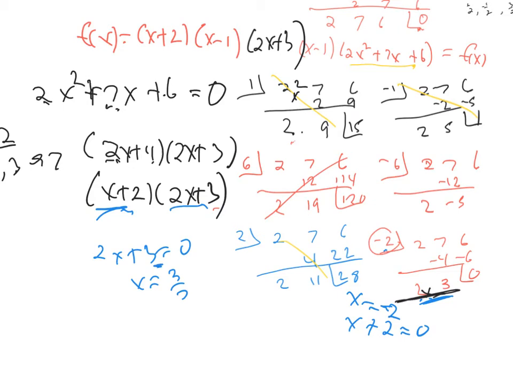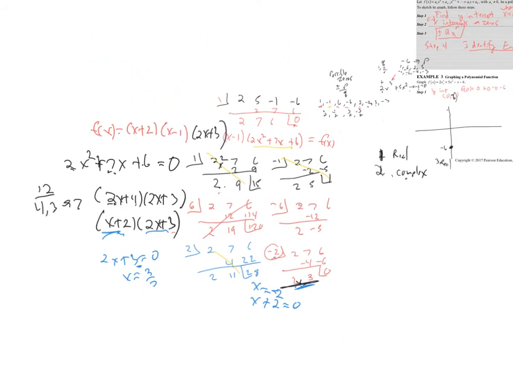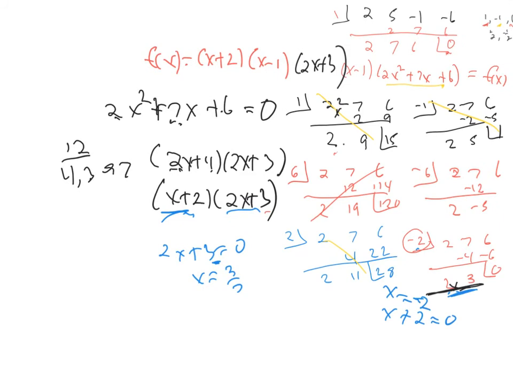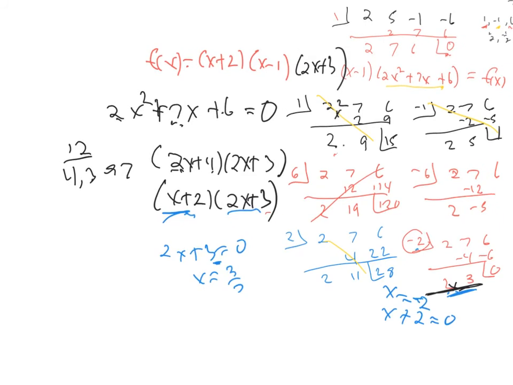Negative 3/2. So I have 3 factors. This gives me x equals negative 2. This gives me x equals 1. This gives me x equals negative 3/2.